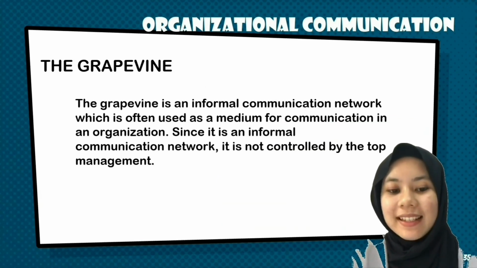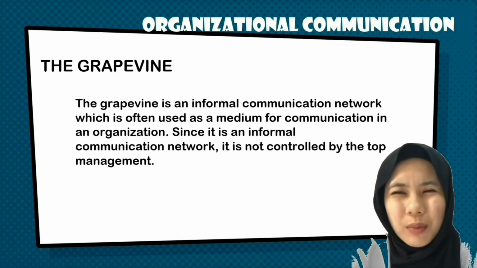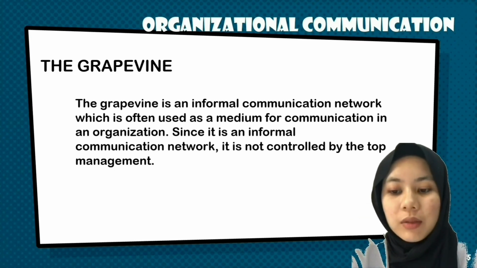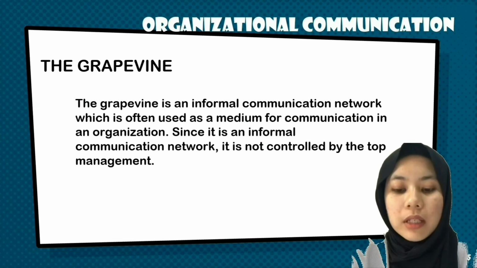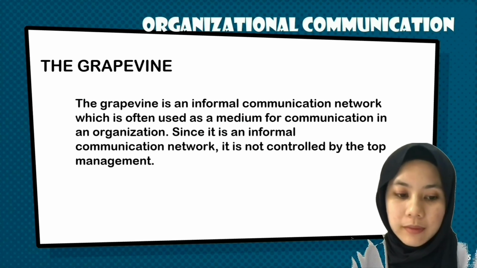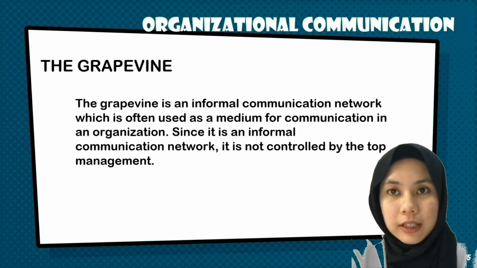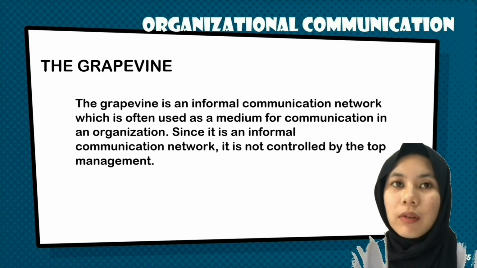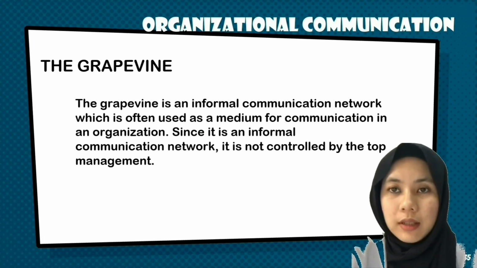Next slide is the grapevine. What is the grapevine? The grapevine is an informal communication network which is often used as a medium for communication in an organization. Since it is an informal communication network, it is not controlled by the top management.